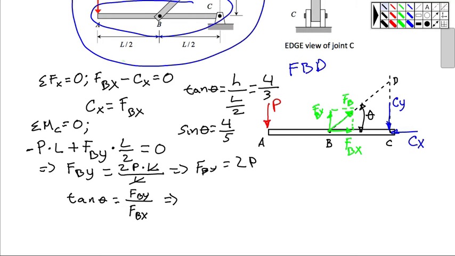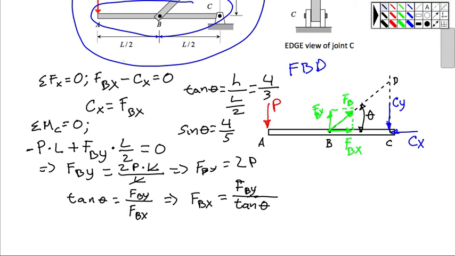Then we have Fbx equal to Fby over tangent of theta.